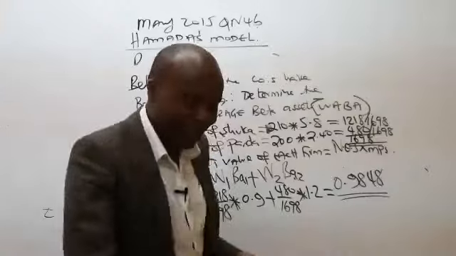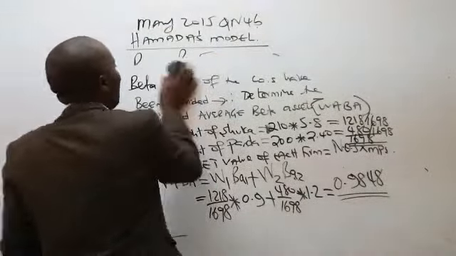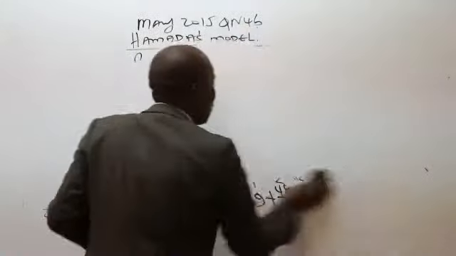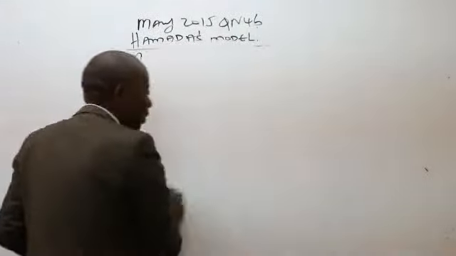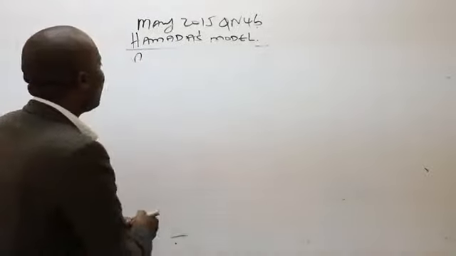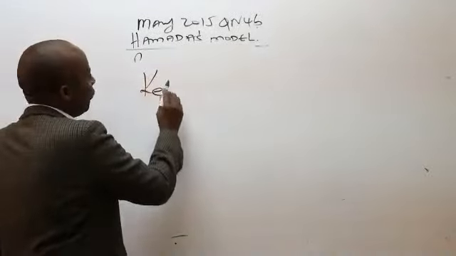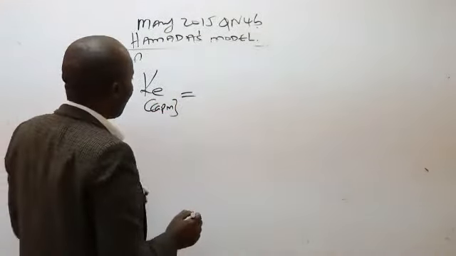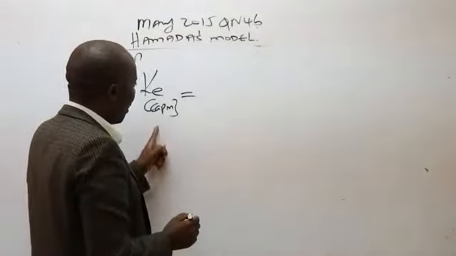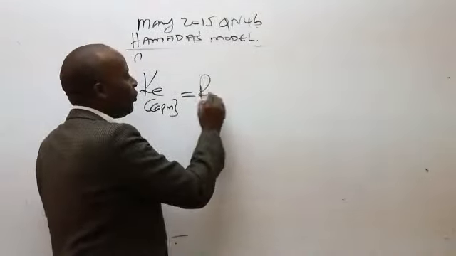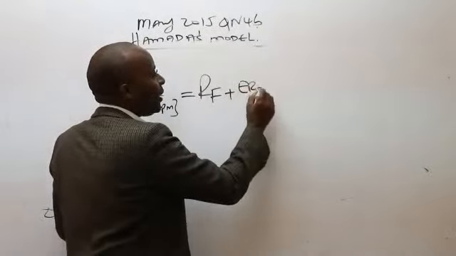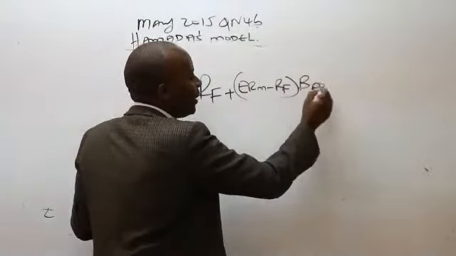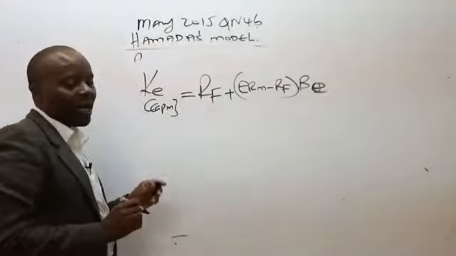At the end of the day, what I want to get is my cost of equity using CAPM. I know the formula: risk-free plus, in brackets, ERM minus risk-free, multiplied by beta equity.